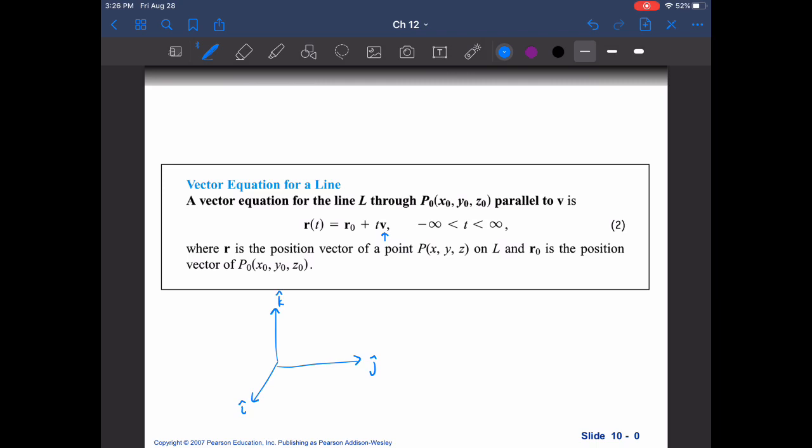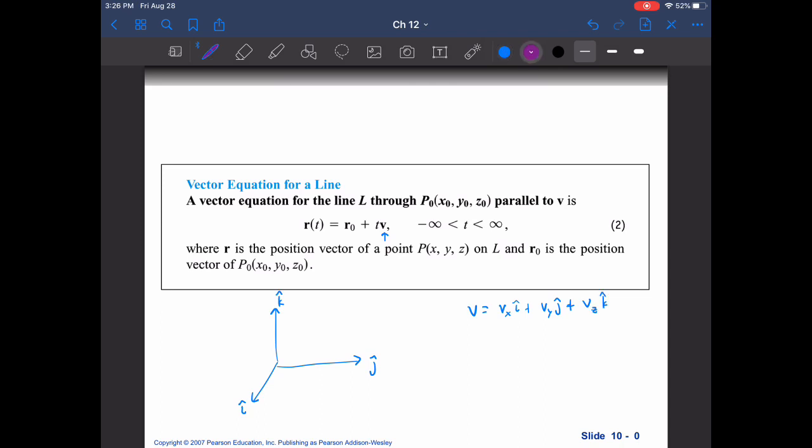It tells us how fast we're moving along each of the components. So it's going to be something like Vx in the I direction plus Vy in the J direction plus Vz in the K direction.